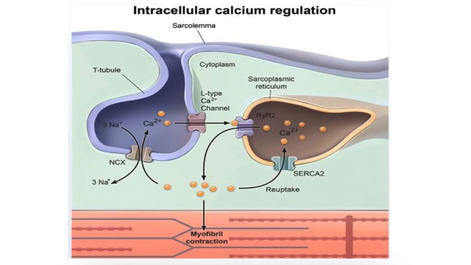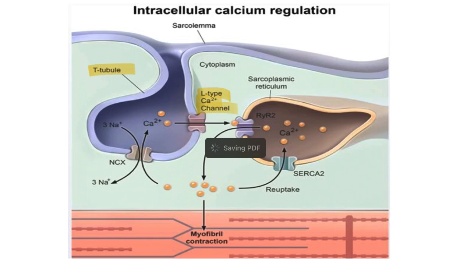First one, T tubule, DHPR and RYR. That means the T tubule, you can see here this is the T tubule. This T tubule mostly carries the action potential. Then after we can see here the dihydropyridine receptor, that means L type ligand type calcium channels.